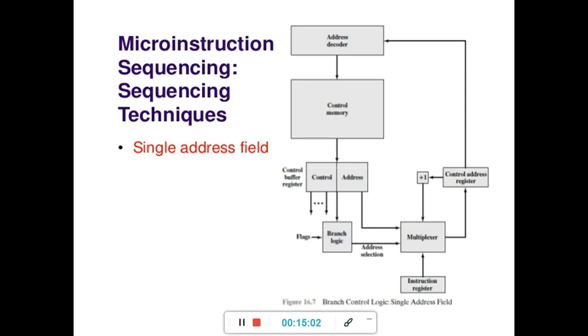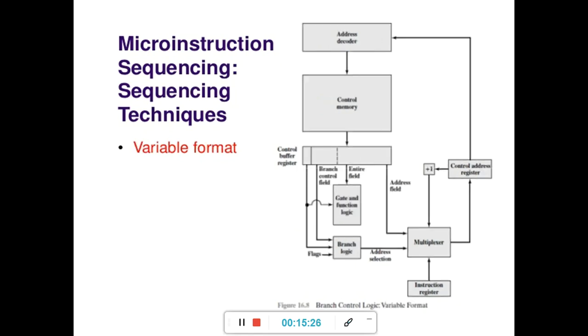Here we can give a single address field in the microinstruction with the following options. Why do we go for the options? Because the next address field is based on the opcode in the instruction register. This is called single address field.